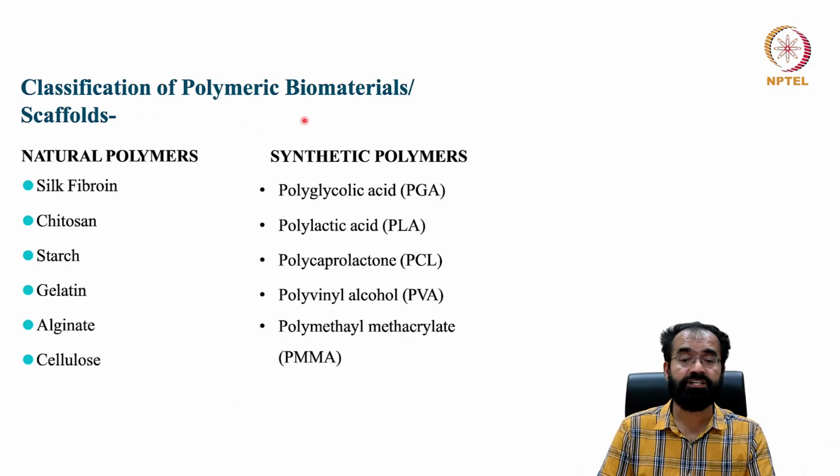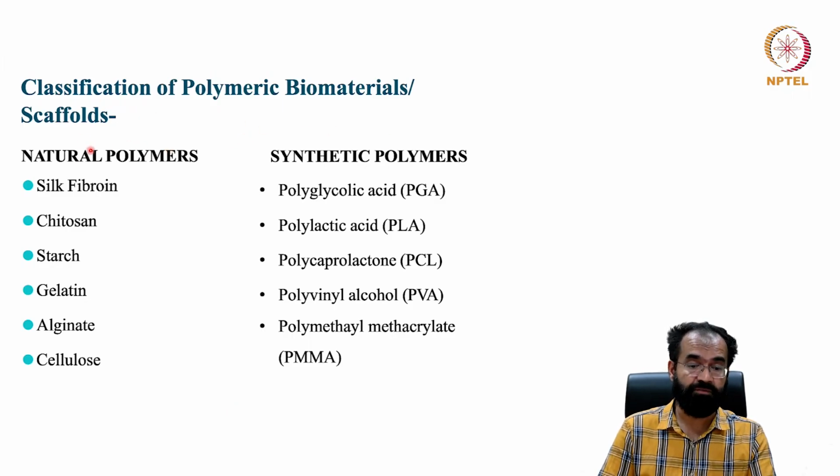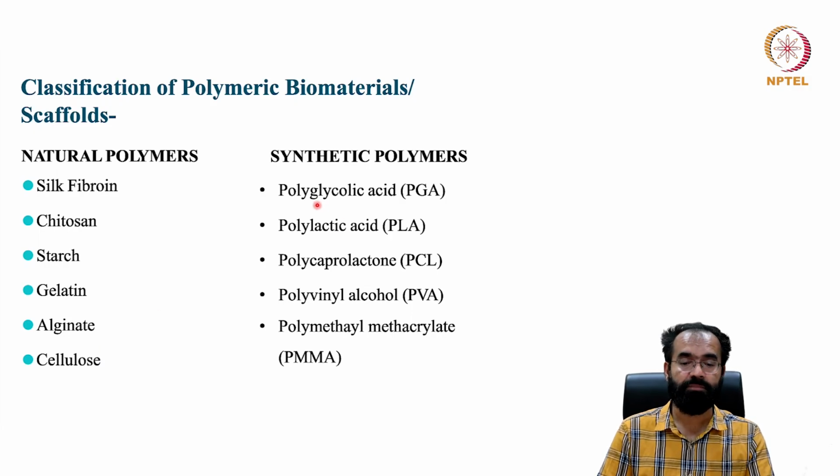So the classification of polymeric biomaterials and scaffolds is broadly into natural polymers and synthetic polymers. Natural polymers include silk fibroin, chitosan, starch, gelatin, alginate, cellulose, etc. Synthetic polymers include polyglycolic acid, PGA, polylactic acid, PLA, polycaprolactone, PCL, polyvinyl alcohol, PVA, and polymethyl methacrylate, PMMA.